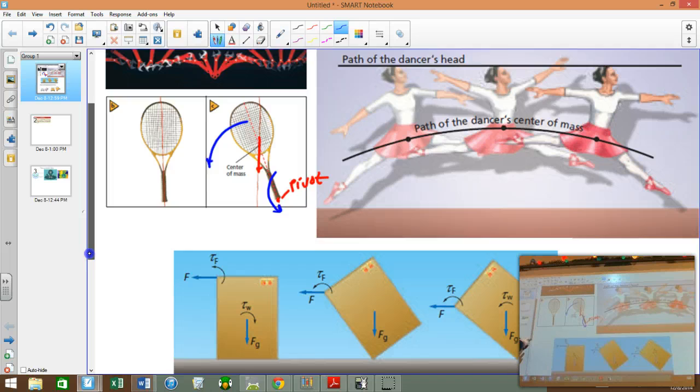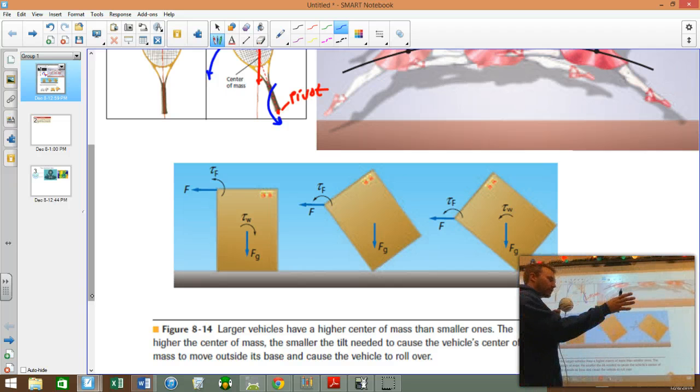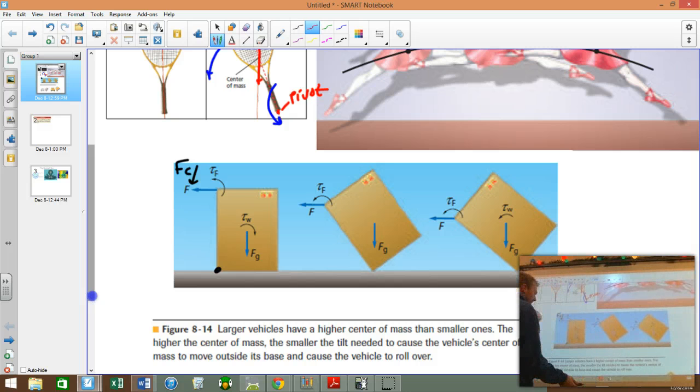You've maybe heard about center of mass or stability when it comes to cars, or even a box. If you push on a box to tip it over, maybe you've had a box in the back of a car and you go around a corner quick enough and the box tips over. This force right here would be the centripetal force going around the corner, and then you've got a pivot here, and two competing torques.